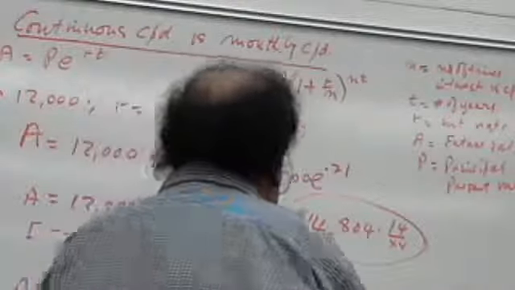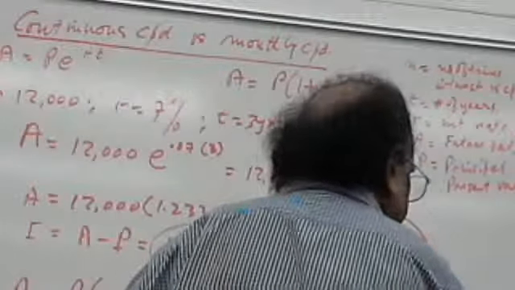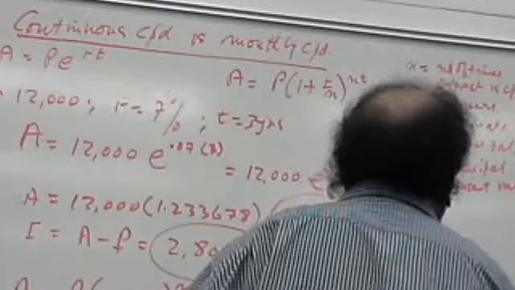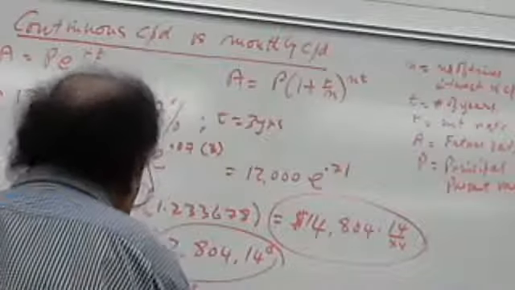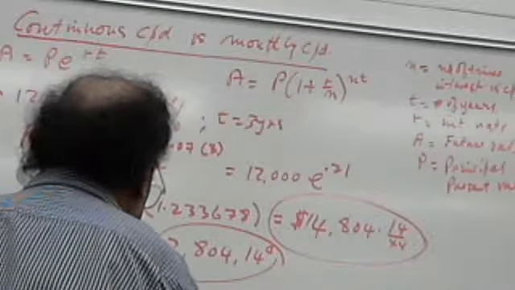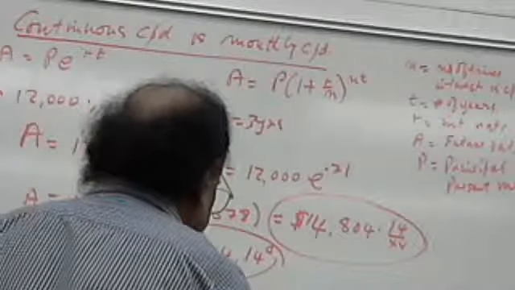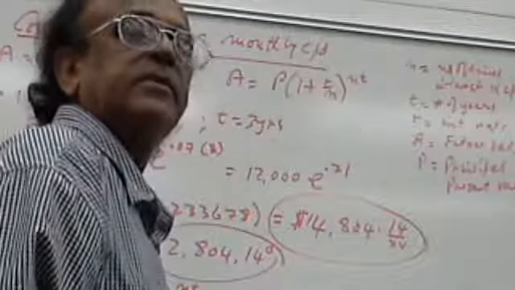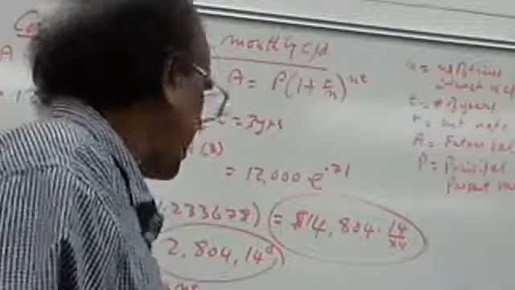All right, and this is going to give us 12,000 times (1 plus 0.0058) to the 36th power, and that is going to be equal to 12,000 times 1.0058 to the 36th power. Now, what we have here, class, in this parenthesis, that's what we'll raise to the 36th power.